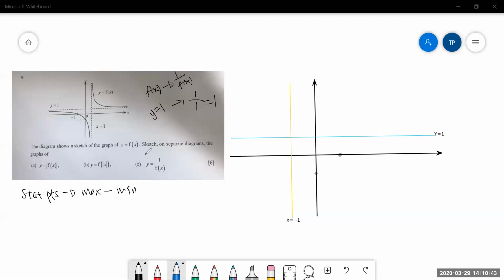Is there a maximum point? Is there a minimum point? No, there isn't. You cannot say that this is a maximum or a minimum point. This is not at its most minimum value. This is even lower, this is even lower, it goes all the way to the right.